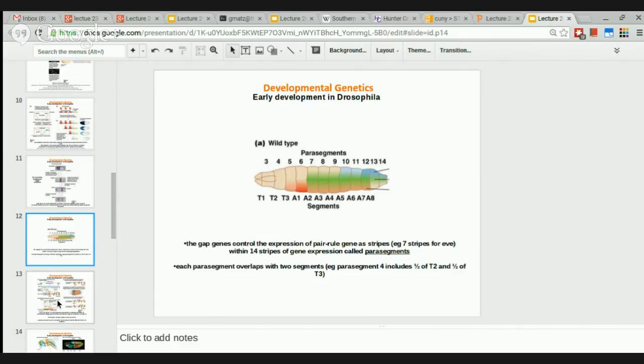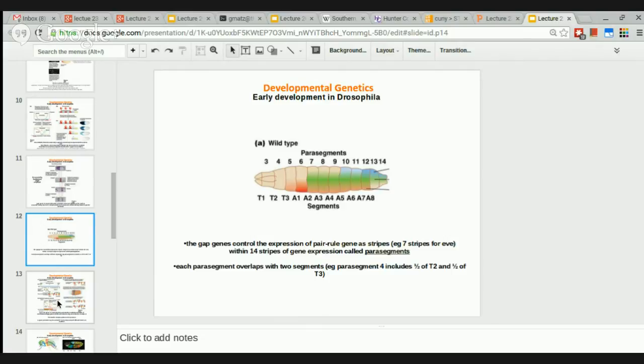And the parasegment is simply something that falls in between two segments. So for example, you have the segments listed down below. Parasegment 4 has the posterior side of T2 and the anterior half of T3. So it falls in between two segments.